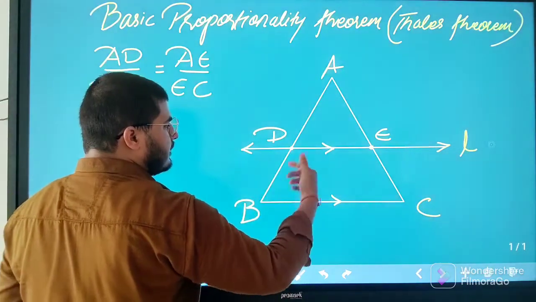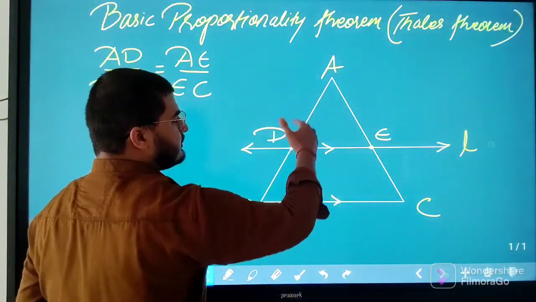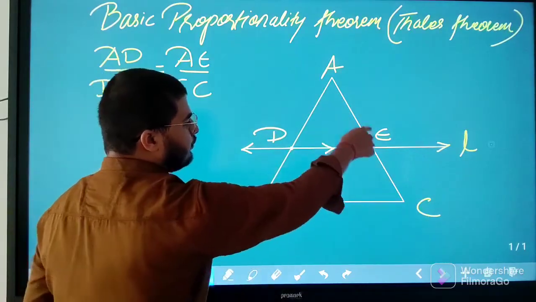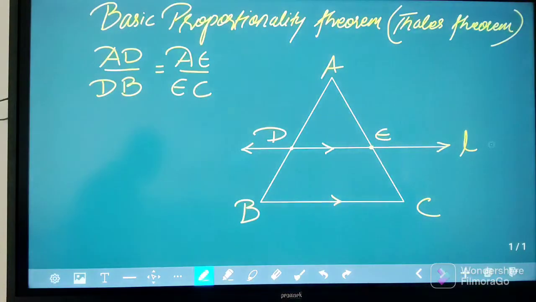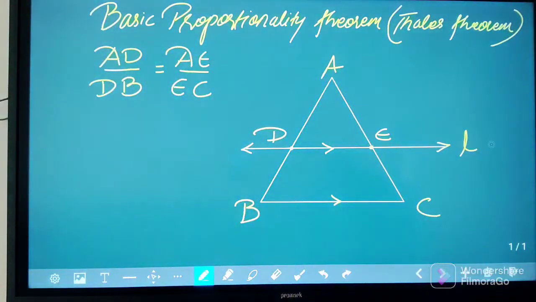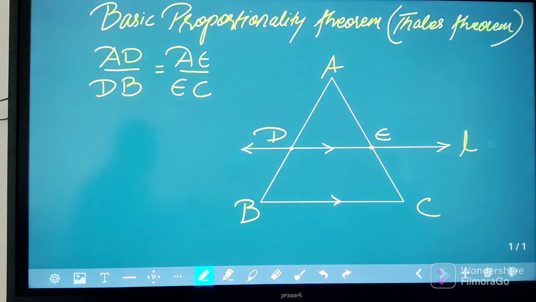Now it will intersect in such a way that the parts of the two sides will be proportional, will be in the same ratio. That is what Thales theorem says. AD upon DB is equals to AE upon EC. Now we are going to prove how Thales came to this result. So let us see this in detail.